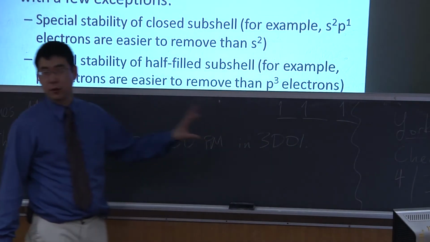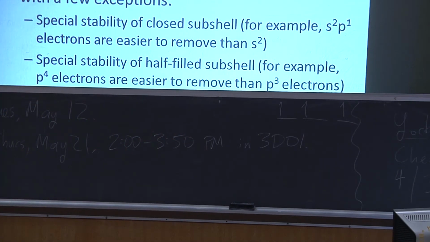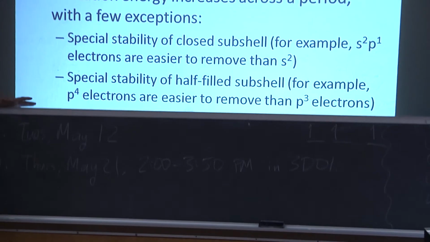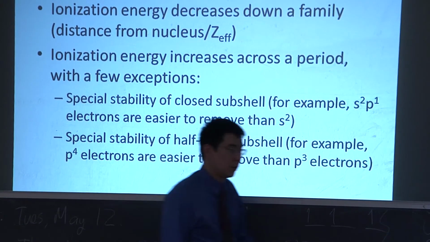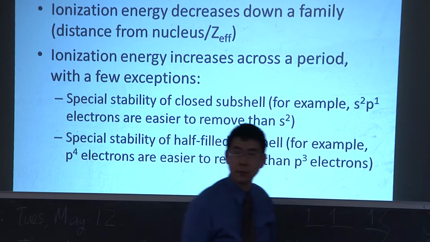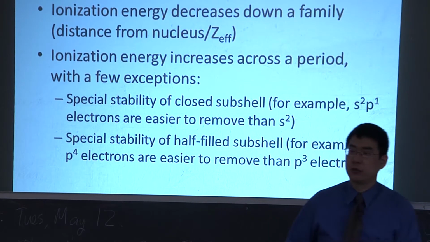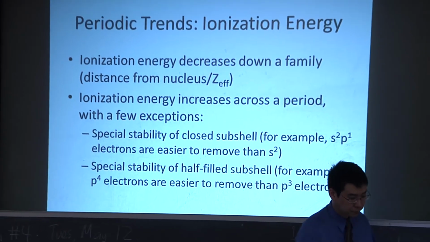You're going to have this parallel spin special stability. So you have the half-filled subshells. There's a special point of stability. So p4 electrons are easier to remove than p3 electrons. When you remove a p4 electron, you get to a half-filled shell. When you remove a p3 electron, you move from a half-filled shell to not a half-filled shell.